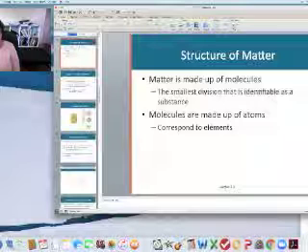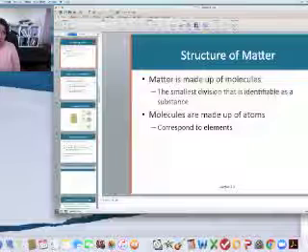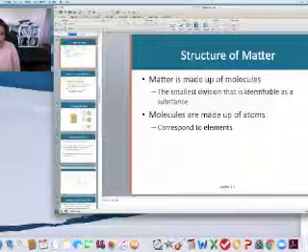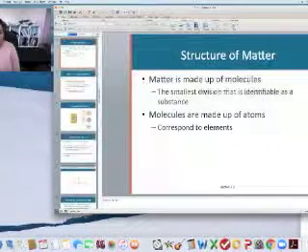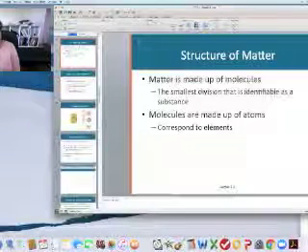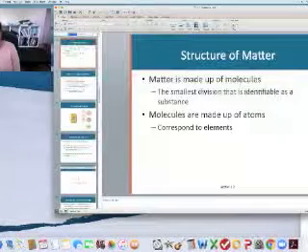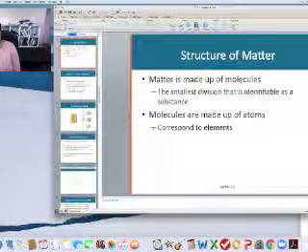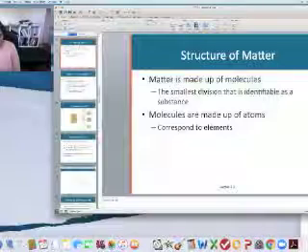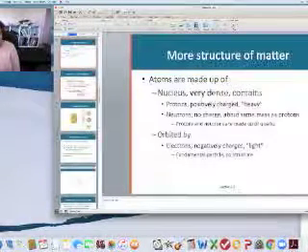Some matter, for example pure gold, you just need the atom because all of it is made up of atoms of gold. You don't have a gold molecule, in which case an atom would suffice, but normally you need a molecule. Molecules themselves are made up of atoms corresponding to the elements required.